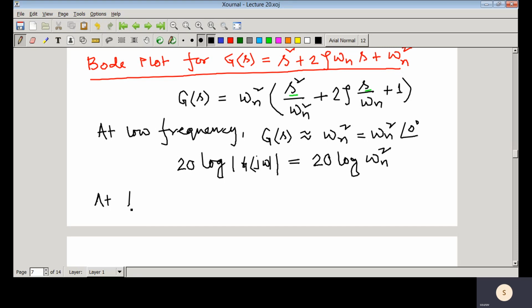So at high frequency, we can see that G(j omega) is just s square.